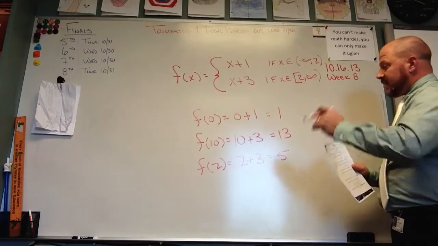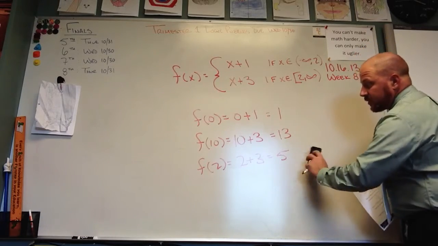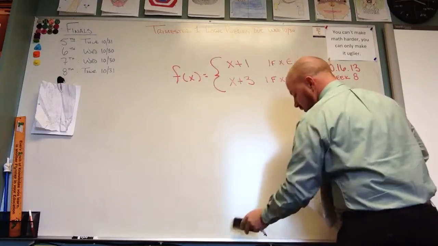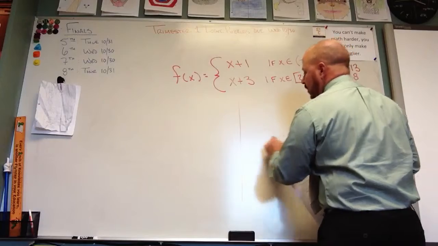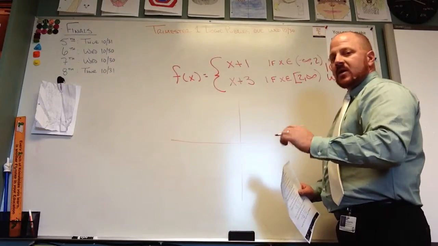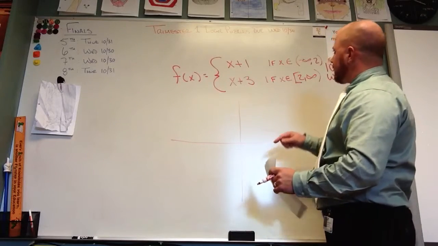Okay? Now, what we want to do is be able to graph this function. So I'm going to erase this real quick here. Okay? And basically it's just like when we used to graph inequalities. When something could equal something, we had a solid dot. And when it couldn't equal it, it was an open dot. That whole thought process is going to come back.